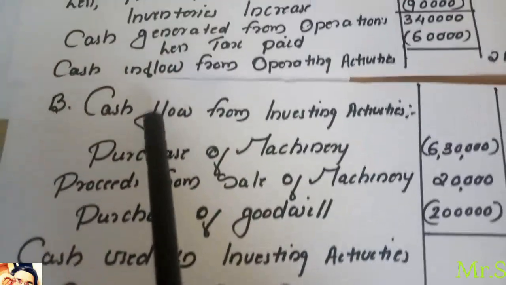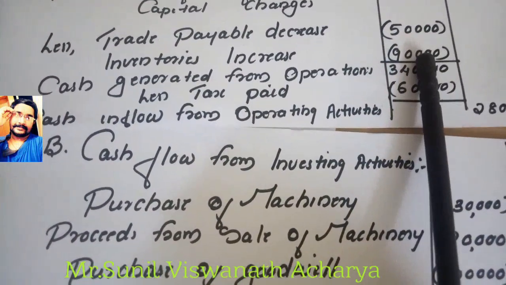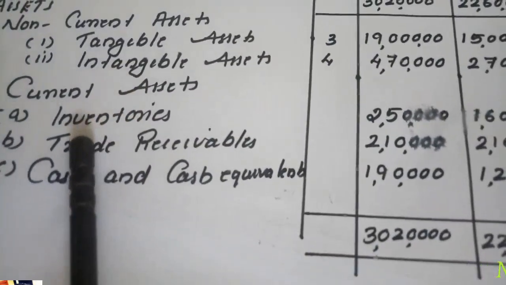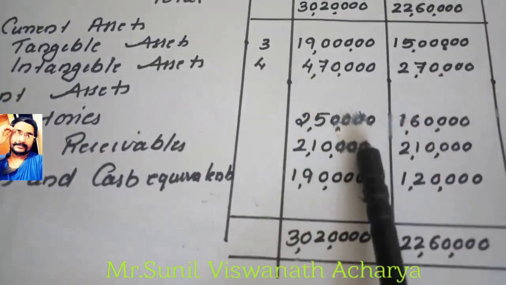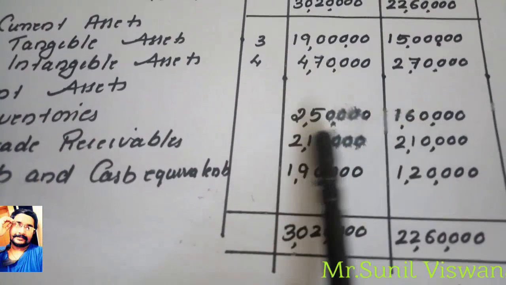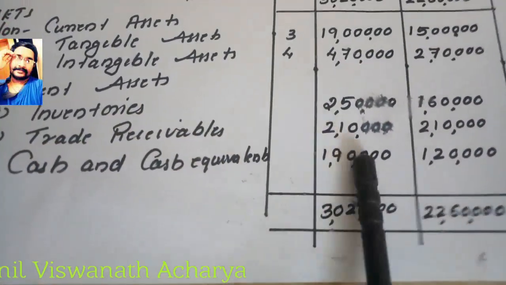So here you can see inventories increased by 90,000, that we have to minus. Another current asset remaining is trade receivable. First year 2,10,000, second year also 2,10,000, so no change, no increase or decrease, so this will not be taken. And we know cash and cash equivalents is the last item, that we take at the end.